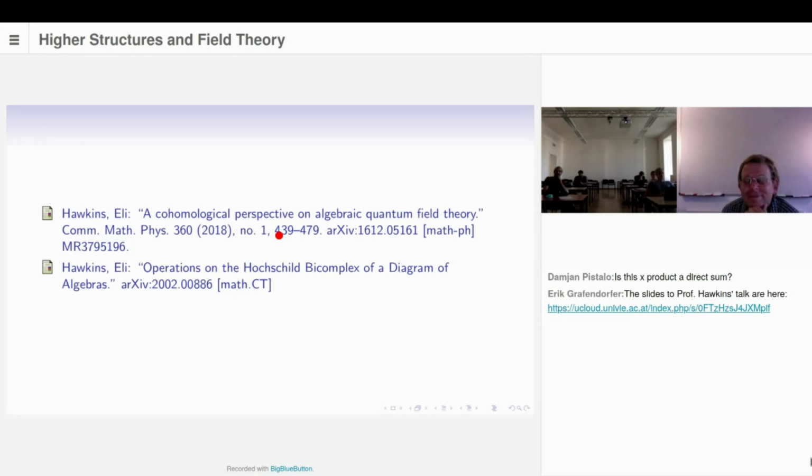I have a question, quickly. When your category is the arrow category, it's just a pair of algebras and a homomorphism between them. So do you recover the L infinity algebra constructed by Martin Markl and collaborators, whose names escape me at the moment, some years back?